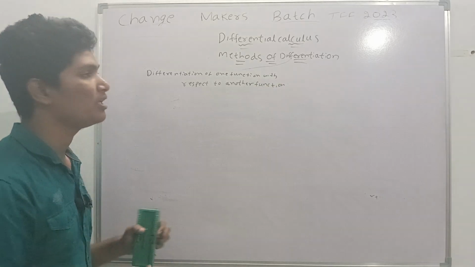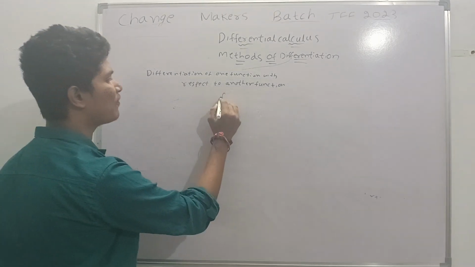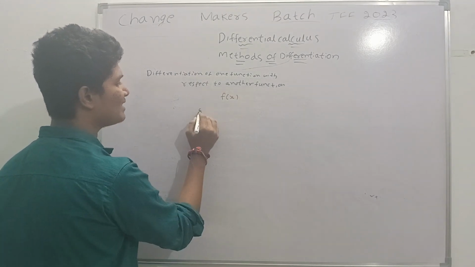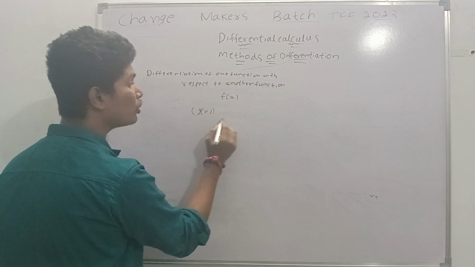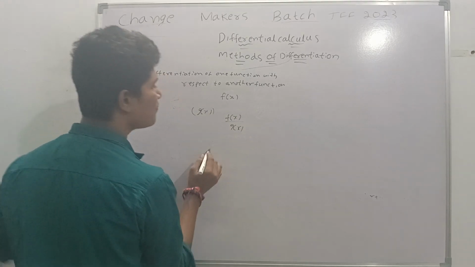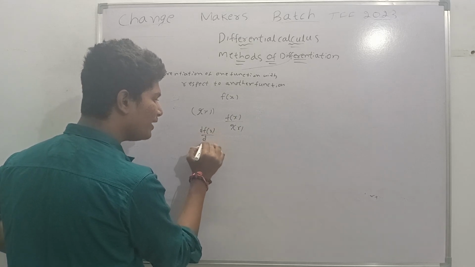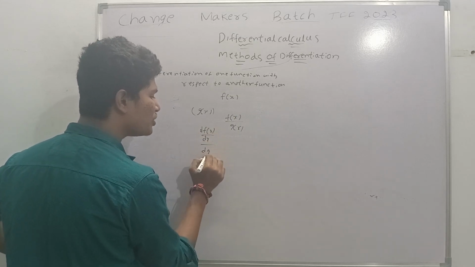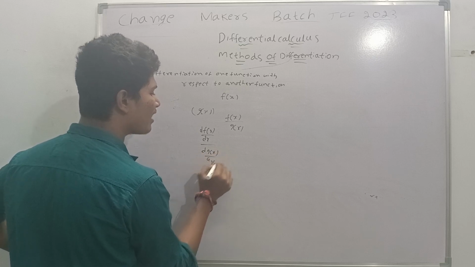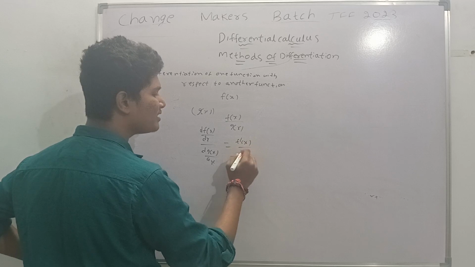When you do this, suppose I assume f of x is a function and there is g of x, another function. I want to differentiate f of x with respect to g of x. What can I do? I can differentiate f of x with respect to dx, and I can differentiate g of x with respect to dx, and after that I can complete the answer with f dash x by g dash x.